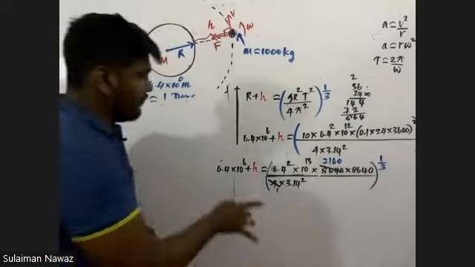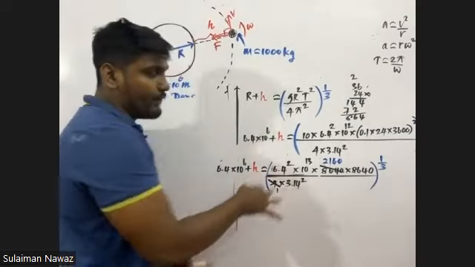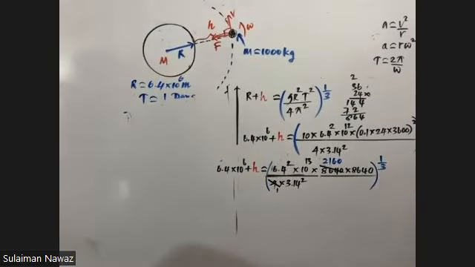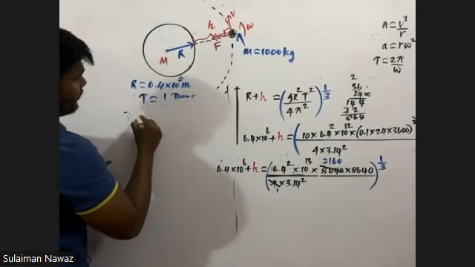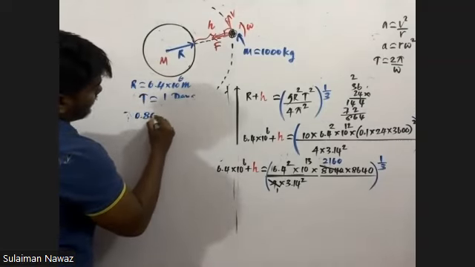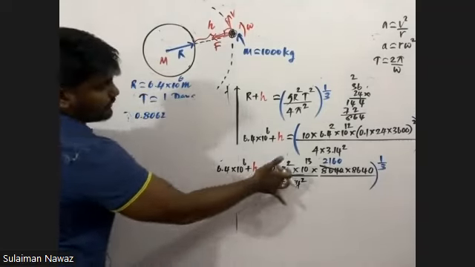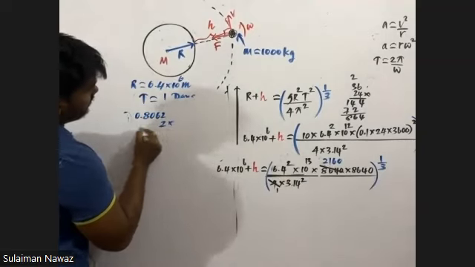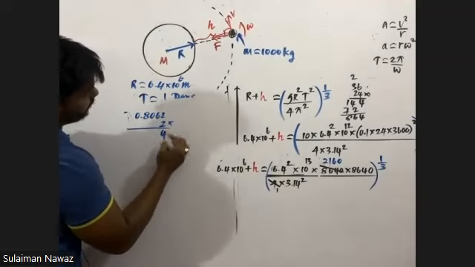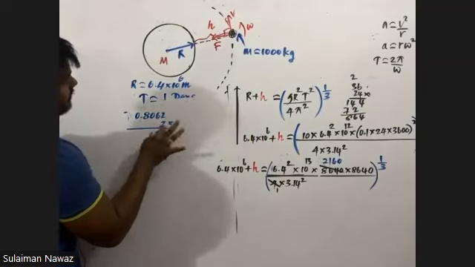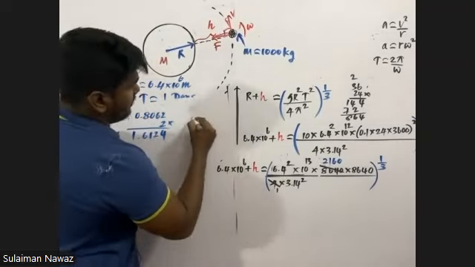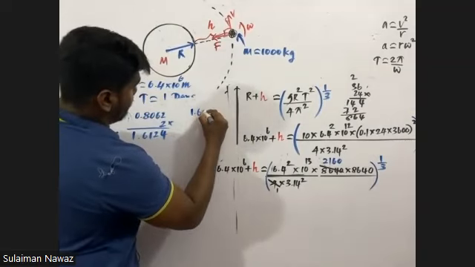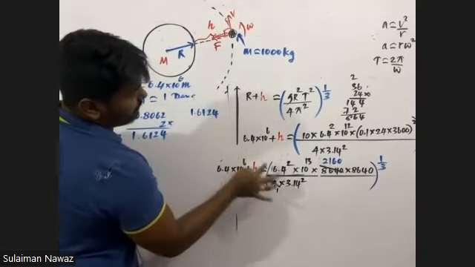Now, what is the log value of 6.4? 6.4 means 0.8062. 0.8062 squared, that is times 2, then we are getting 1.6124.